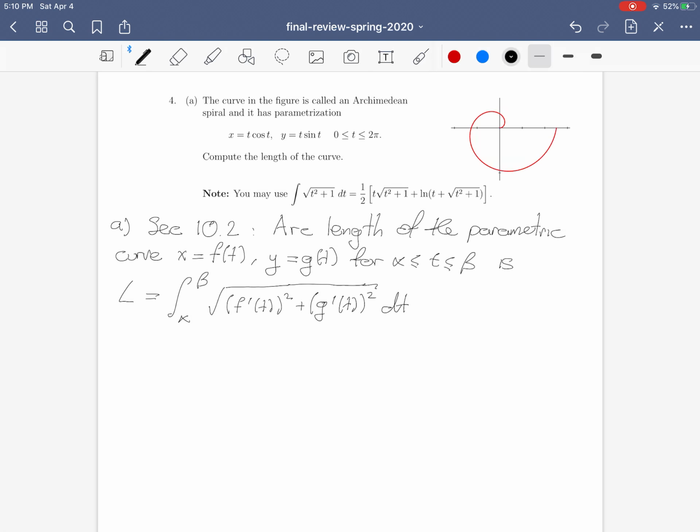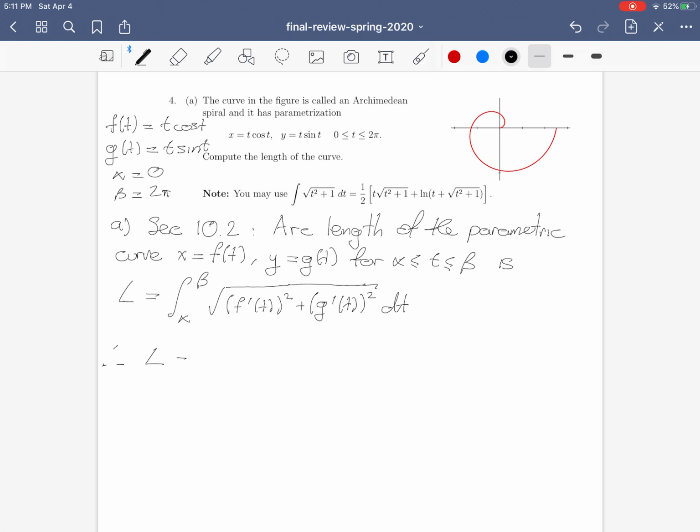So in our case, f of t is t cos t, g of t is t sine t, and alpha is 0 and beta is 2 pi.